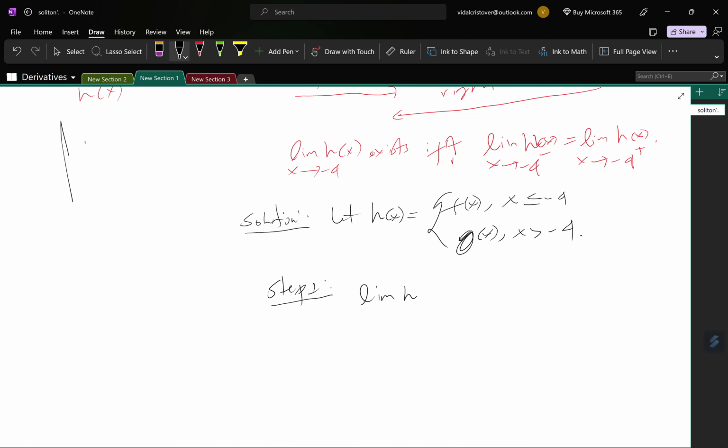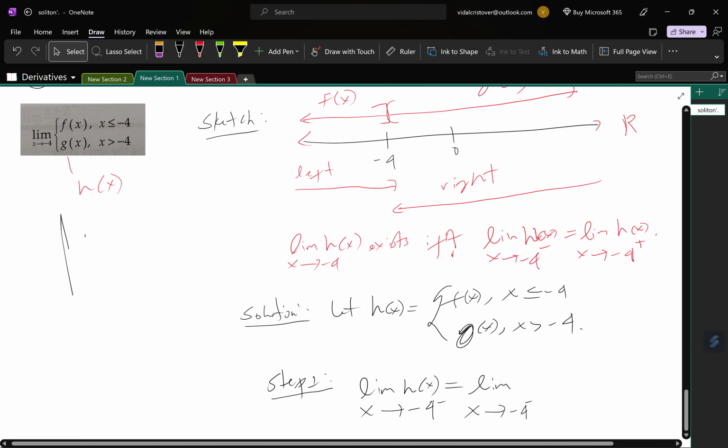Ang limit sa tuwang h of x as x approaches to negative 4 from the left is equal to the limit as x approaches to negative 4 from the left man ta. Piecewise man itong function.